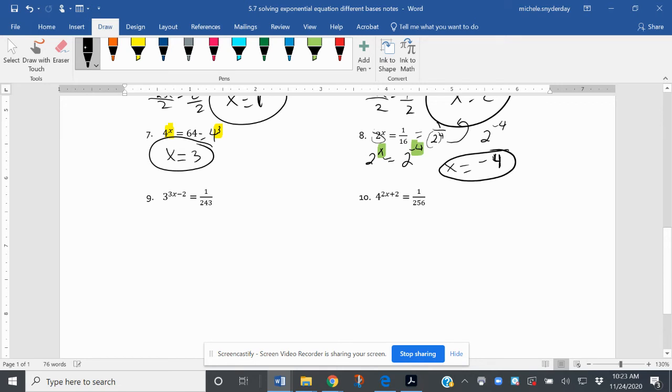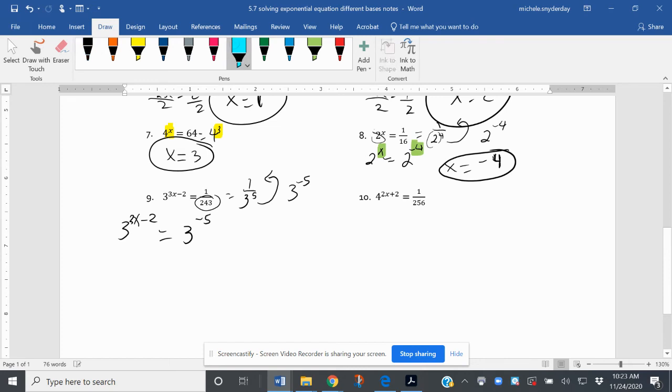Alrighty, number 9, we're going to use a base of 3. So we're going to look in our 3s, and we should find out that 1 over 3 to the 5th power gives us 243. So once again, we want to bring this to the top, and that just changes our power to negative. So the problem we're solving is 3 to the 3x minus 2 equals 3 to the negative 5.